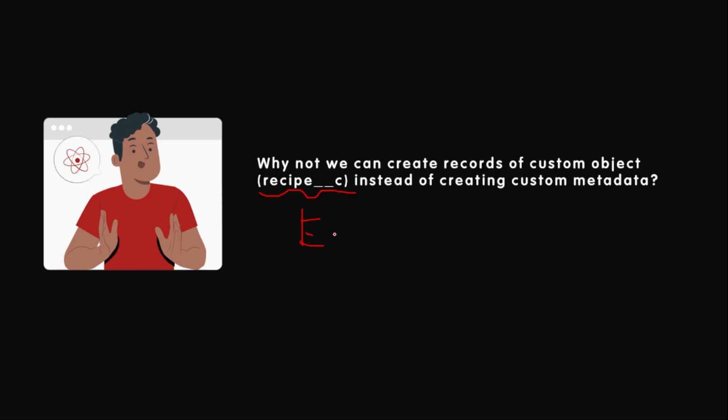Let's see the answer first. Records are not deployable to a higher sandbox. So if you want to deploy from a dev sandbox to a production or testing sandbox, a higher sandbox, you cannot deploy the records of a custom object, right?